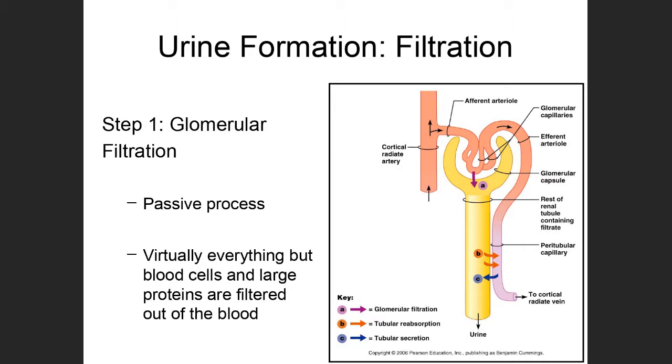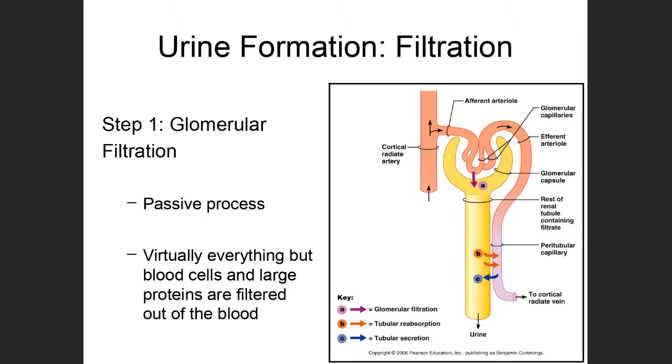The other thing that I want to say about filtration, just generally to kind of get you familiar with it, is virtually everything that's in the blood. So fluids like water, hormones, ions, nutrients like glucose, vitamins, all of these things are small enough to be pushed out of the fenestrations in the blood vessel wall and also pushed out of the filtration slits, and they make their way into the glomerular capsule.